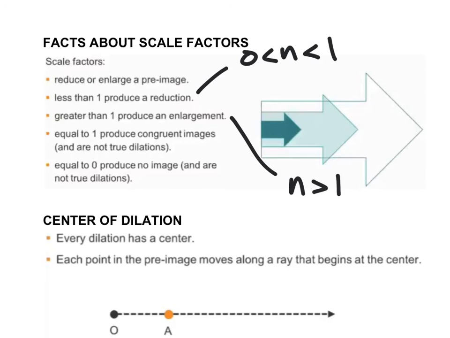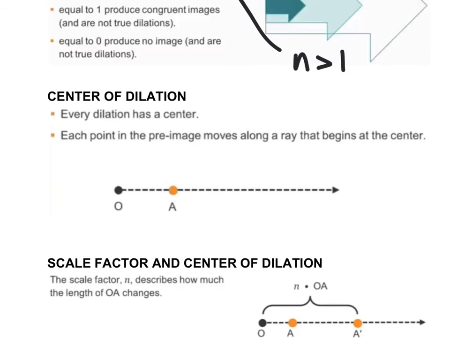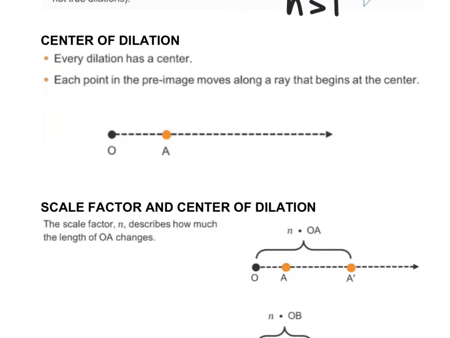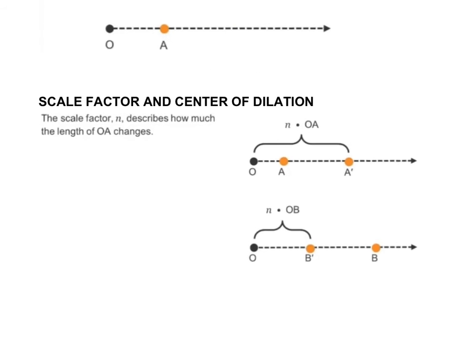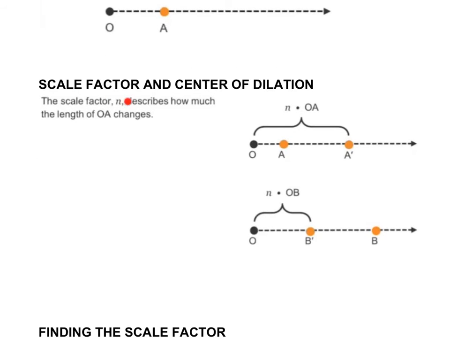Okay? Now, when we do these, we have centers of dilations, okay? So every dilation has a center, okay? So each point on the pre-image moves along a ray that begins at the center, okay? So what we want to do is apply our scale factor and the center of dilation, okay?